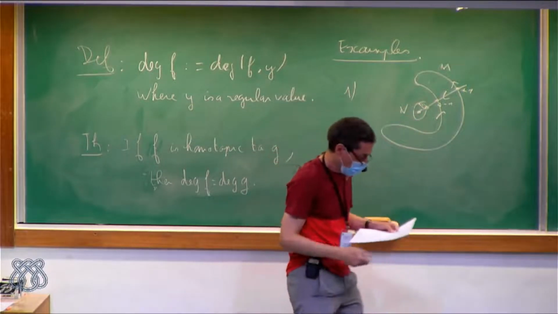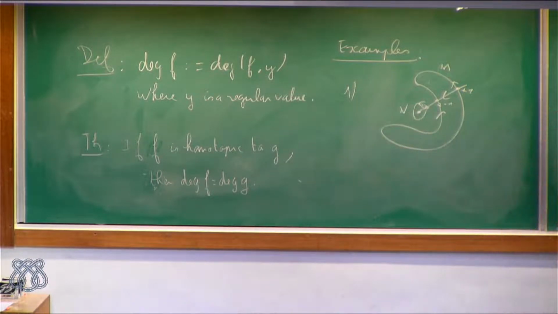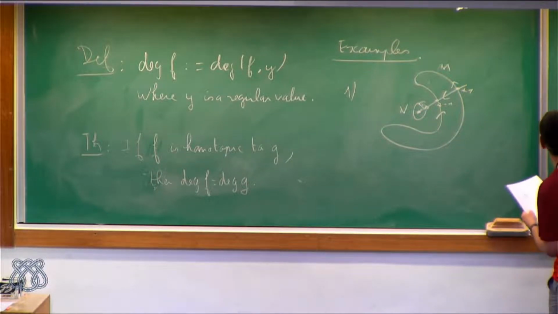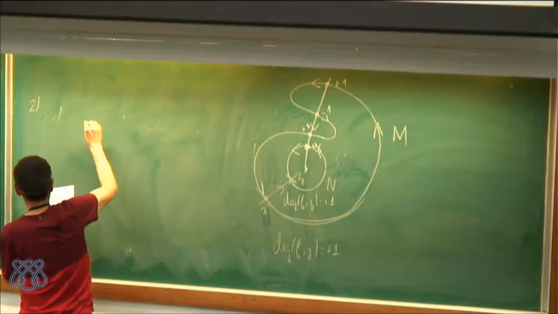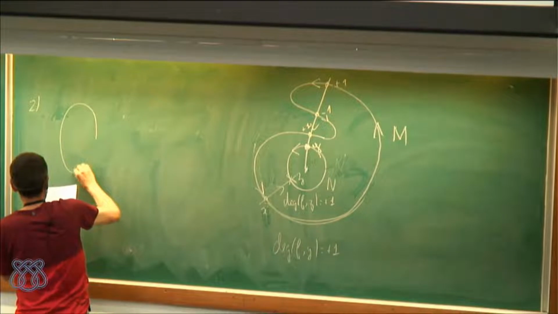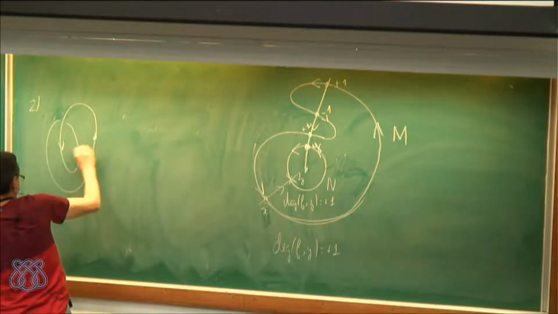Okay. So let me write a more sophisticated example. So imagine you have a knot in R^3, something like that. So it is oriented.